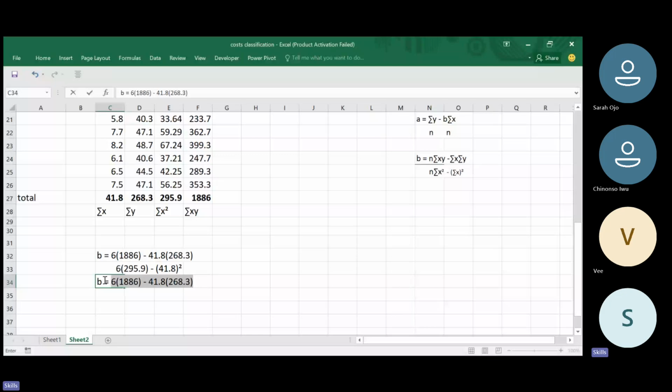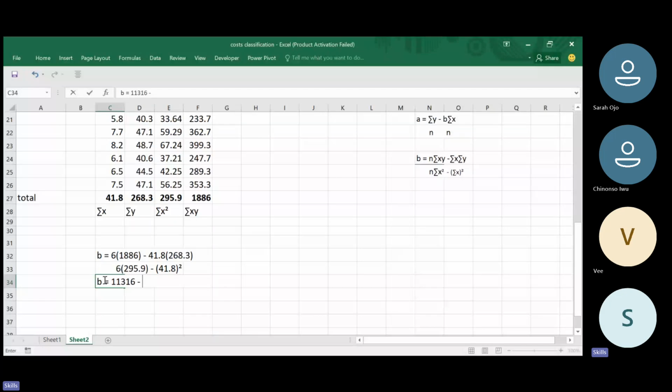What are we going to get? 6 times 1886 will give us 11,316.